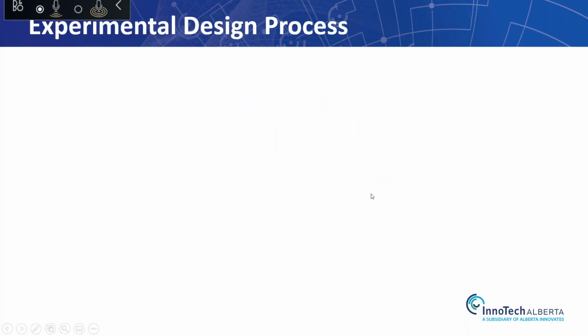Experimental design process. Generally a client or a collaborator will come to us with either a novel product or wanting to validate some of the conceptual site model components that they have in mind. They may want to understand the true fate and transport of a complex mixture.